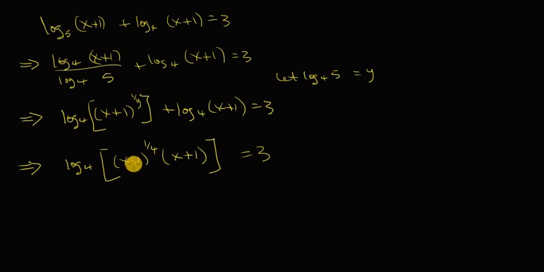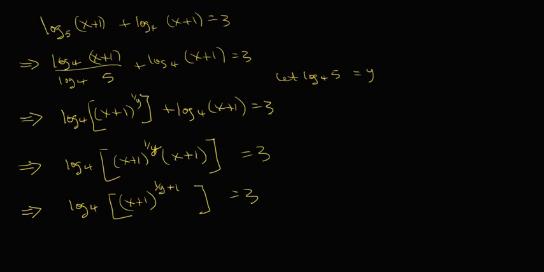The square brackets are handy because you can see I'm using log base 4 of all of this. Again, that's a y by the way, not a 4. It's a y. So I have x plus 1 to the power of 1 over y. I'm multiplying by another x plus 1, so I can add a 1 onto this exponent. Log base 4 of x plus 1 to the power of 1 over y plus 1 is equal to 3.